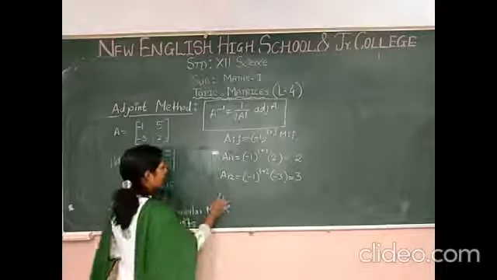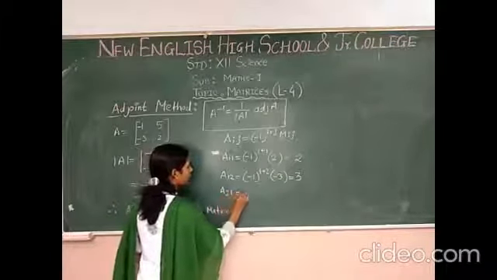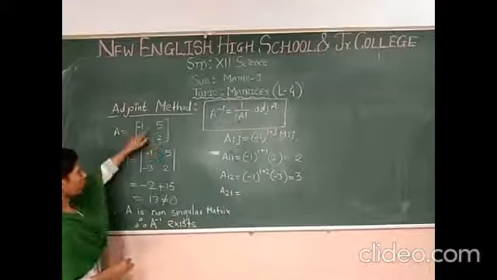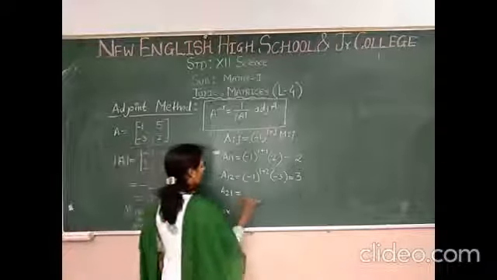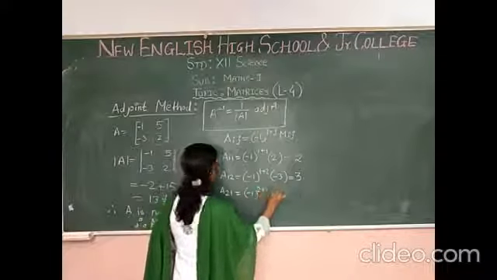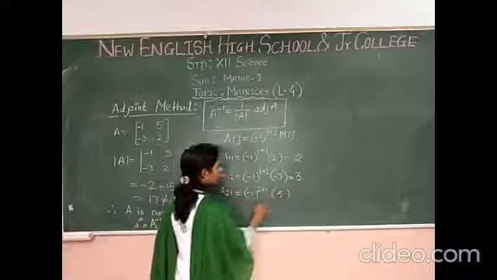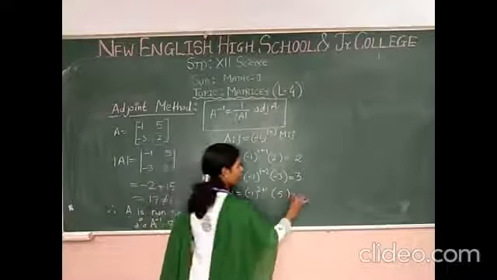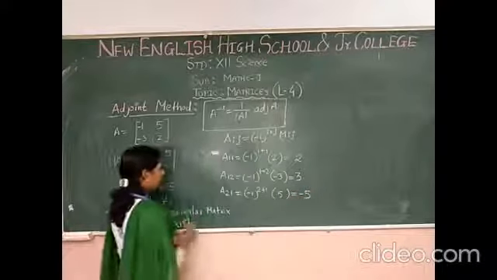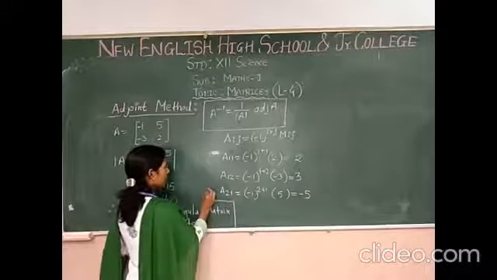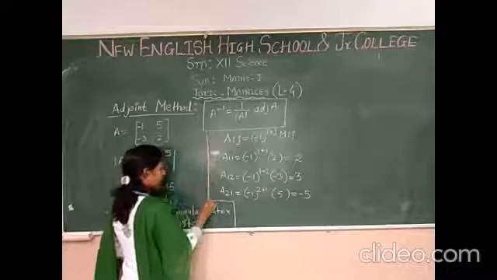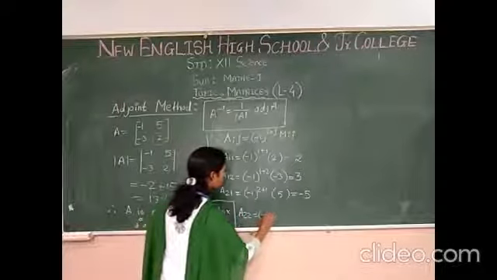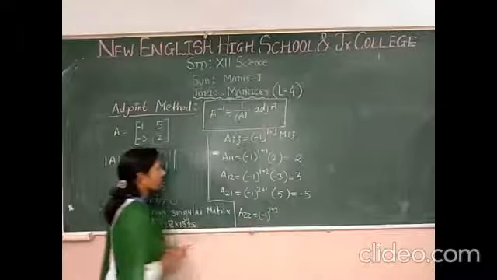Okay. Then A21. Second row, first column. What remains? 3 over here. It is minus 1 raised to 2 plus 1, odd. Again minus 1. Minus 1 into 3 is minus 3. Then we will find A22 equals to minus 1 raised to 2 plus 2.